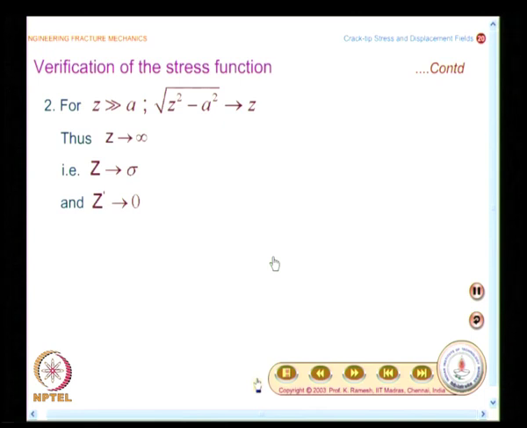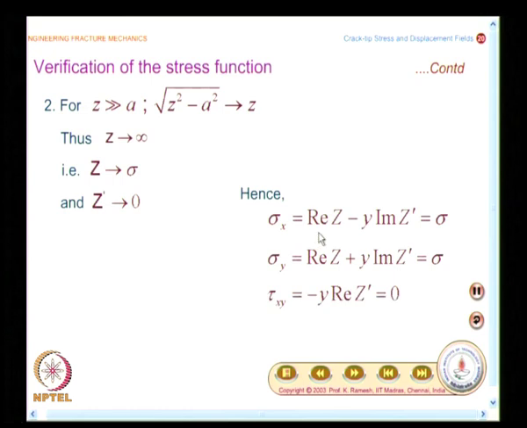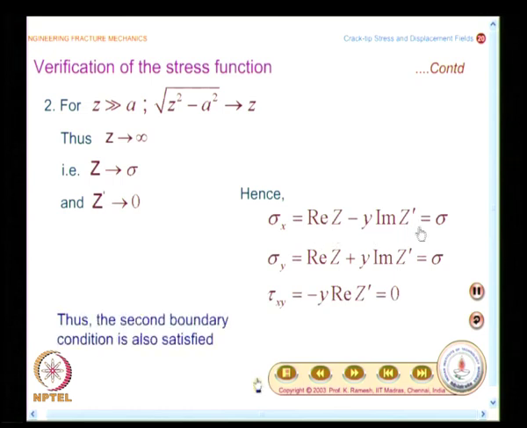So, when you look at this, the expression for sigma x is given as real part of capital Z minus y imaginary part of capital Z prime, that goes to sigma, and there is only a small sign change in the second term. Sigma y also becomes sigma. So, this you will have to keep in mind, you should never forget this. This step clearly brings out that Westergaard solution is indeed for a central crack in a biaxial tension specimen.